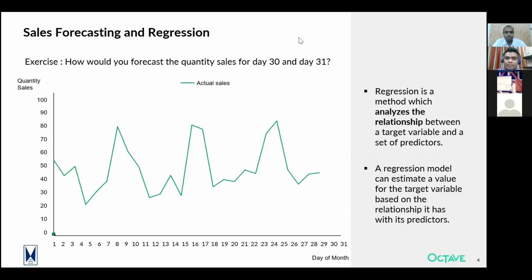Sales forecasting helps these businesses understand how the future sales could look based on past sales, right? And during the course of the next few slides, we'll discuss how we can solve the real world sales forecasting problem, right? So let's move on to the next slide.